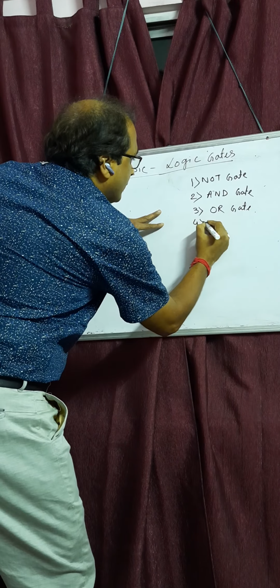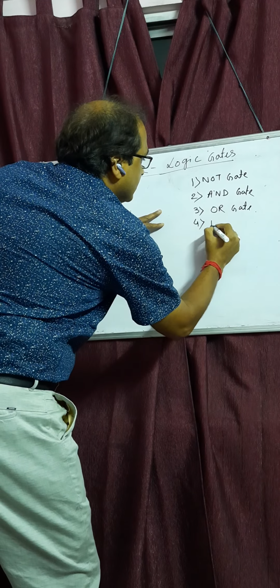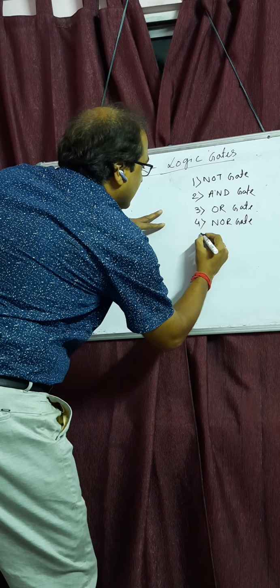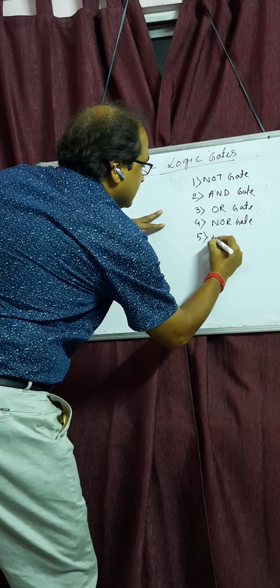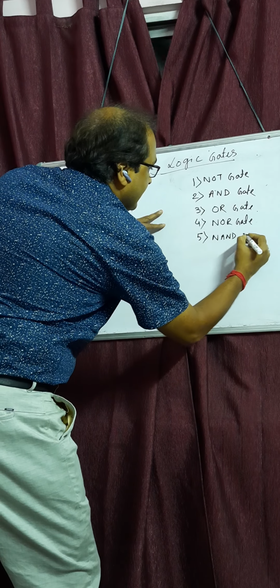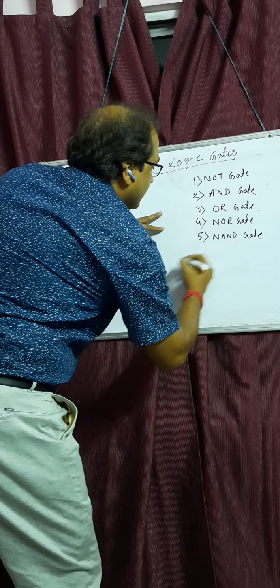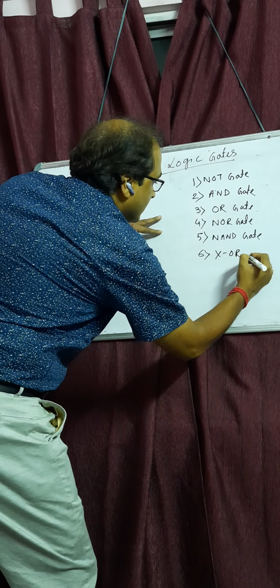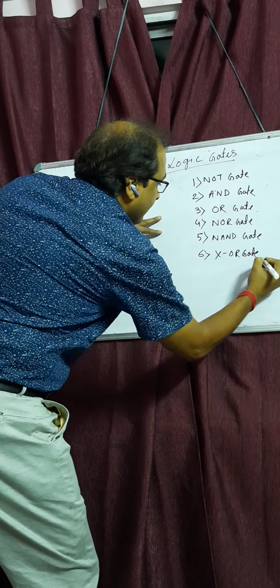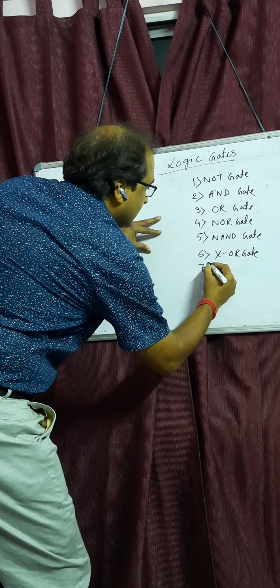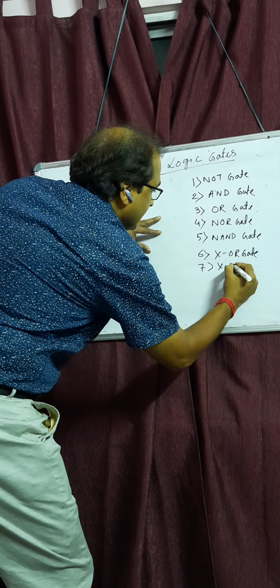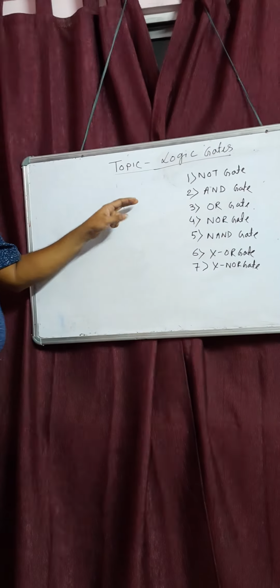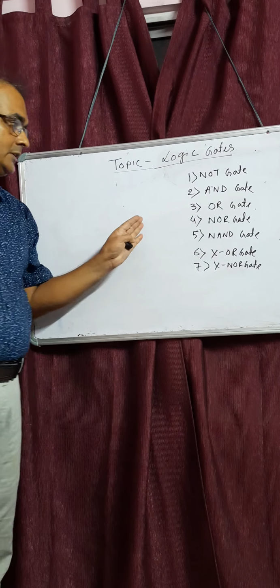Number four, that is NOR gate. Number five, that is NAND gate. Number six, that is XOR gate. Number seven, that is XNOR gate. So these are seven logic gates.